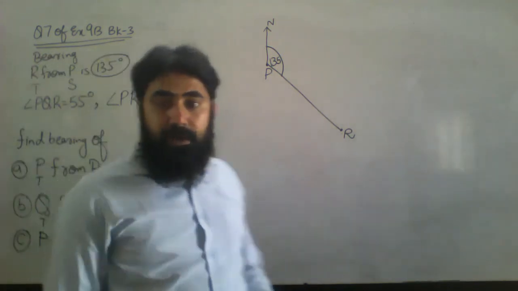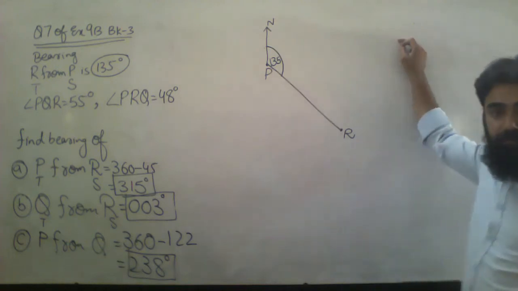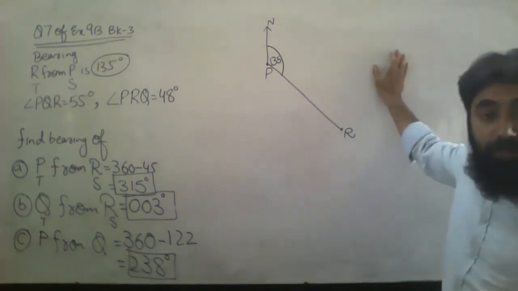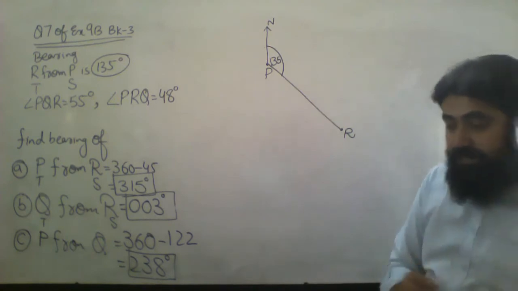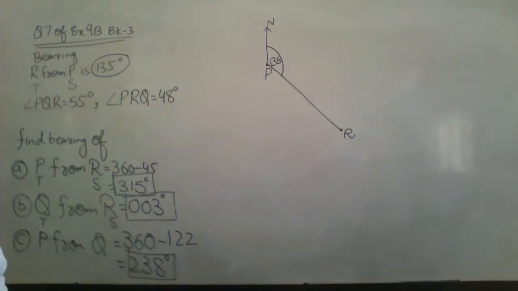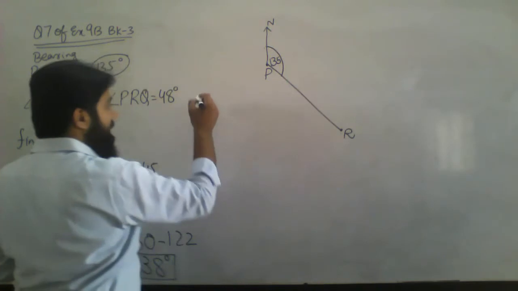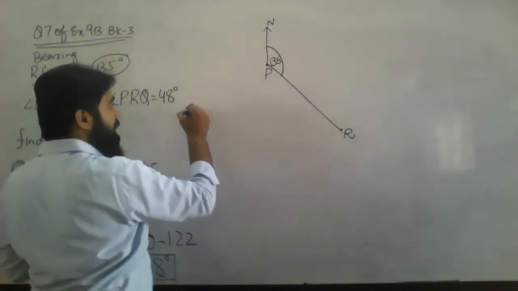In the previous part, I made my Q over here on this side, but it was not a bearing. It was just an angle given to me. So what I can do is make this angle and this angle on the other side. In the previous part, I made it on the right side. Now I can make it over here.